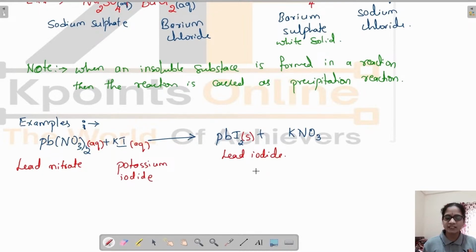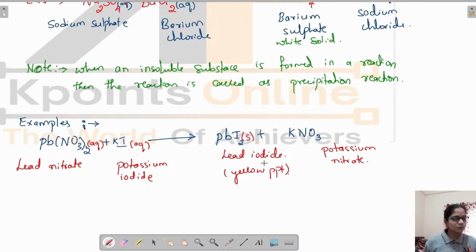It is a yellow solid, a precipitate formed in the reaction. It is a yellow PPT. Then it is potassium nitrate. This is also a double displacement reaction where there has been an exchange of ions. Lead reacts with the iodide anion to form lead iodide, and potassium has interacted with the nitrate ion to form potassium nitrate.